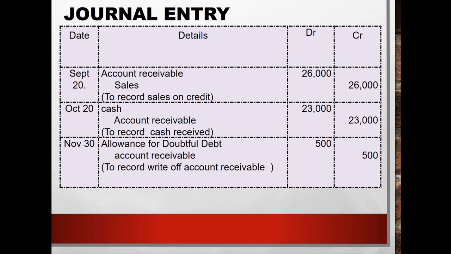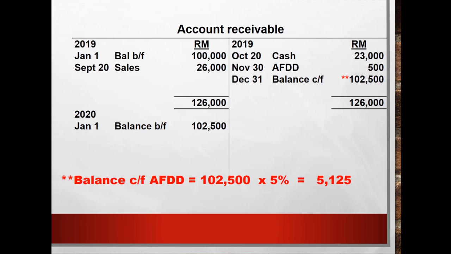The second one, we receive cash from customer, debit cash and credit accounts receivable. And the third one, to write off accounts receivable using the allowance method, debit allowance for doubtful debts 500 and credit accounts receivable.